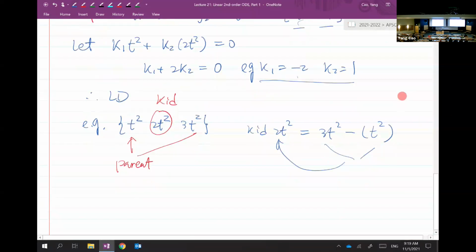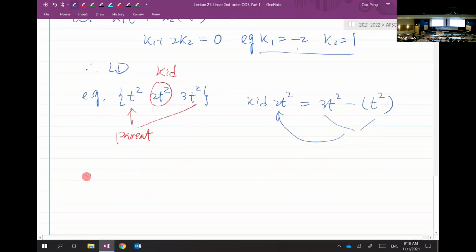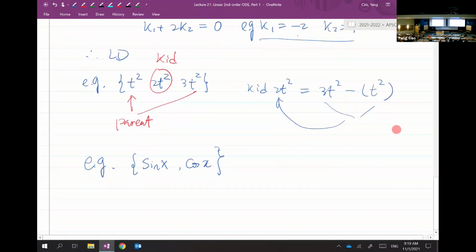Okay, good. So let's take a look at one more example. Let's say I have a set of functions. One is cosine x, one is sine x. Are these two functions linear dependent or linear independent?